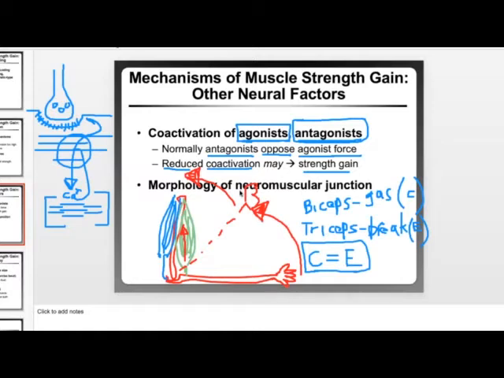So it could be the case that this neuromuscular junction morphs, changes. The way in which the neuromuscular junction changes could also be another neural factor.